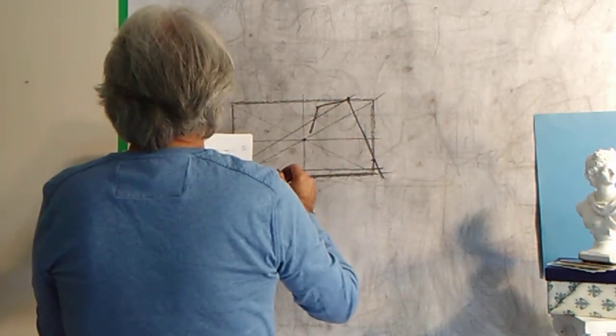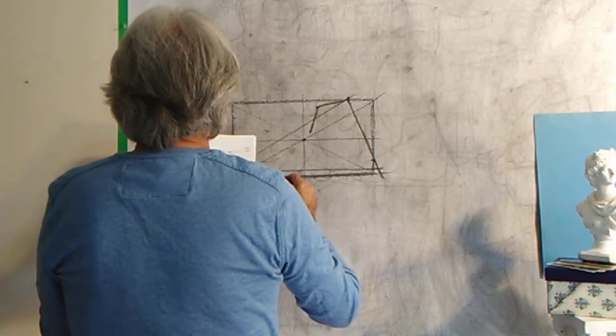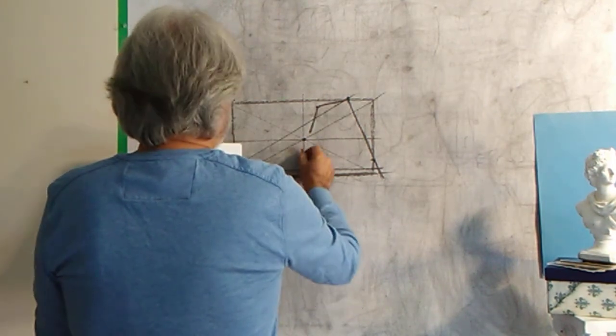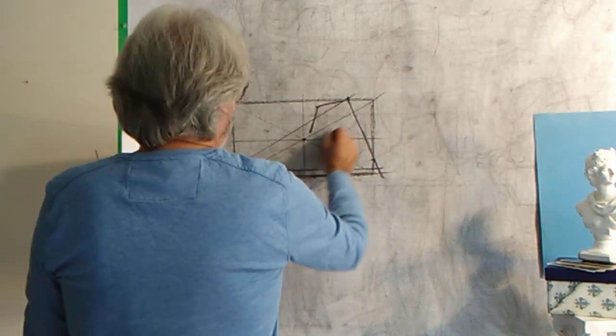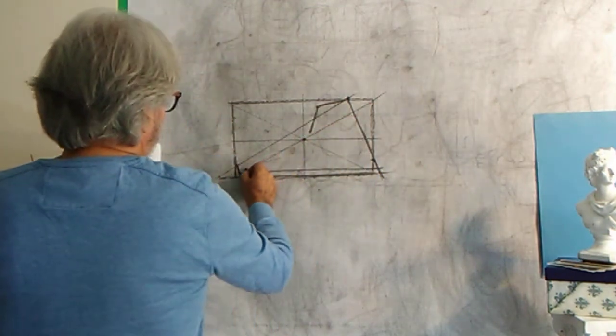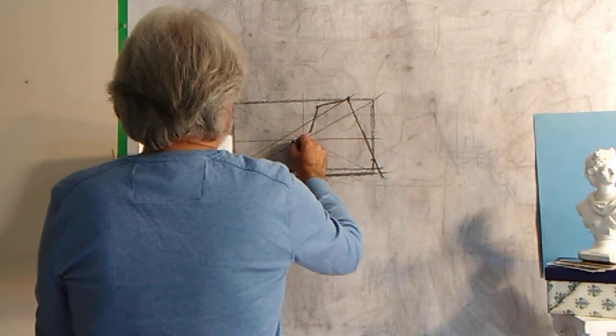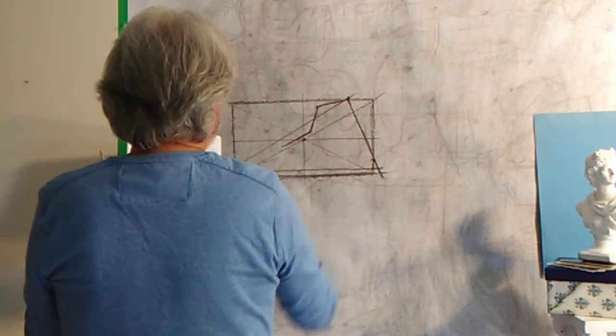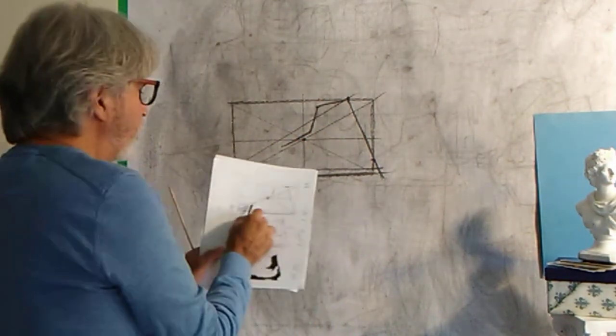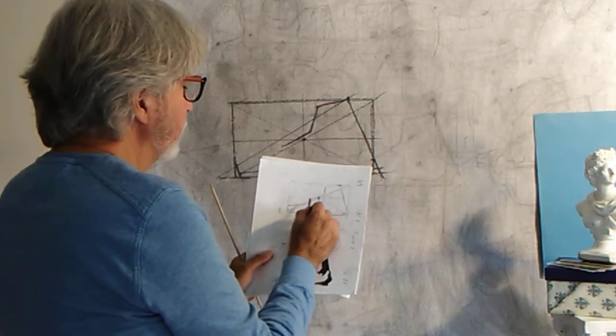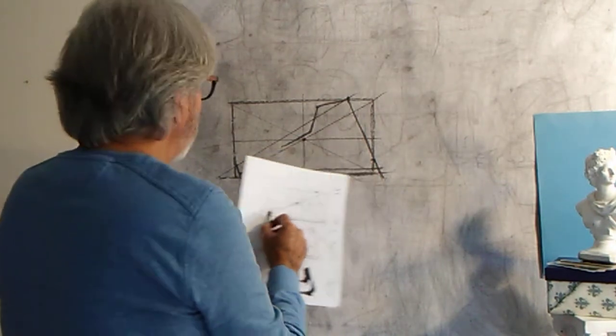This line now that I'm using of the foot is just above my X coming through the box. And so I'm going to watch that. It's just above, and it follows it pretty carefully. Now, there's a break in this foot right here. There's a plane break. It makes a change.